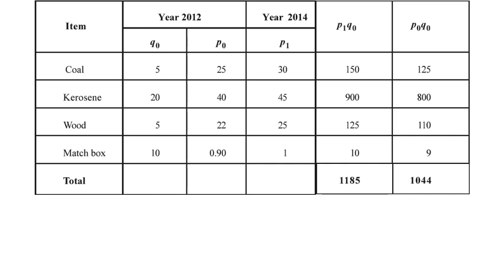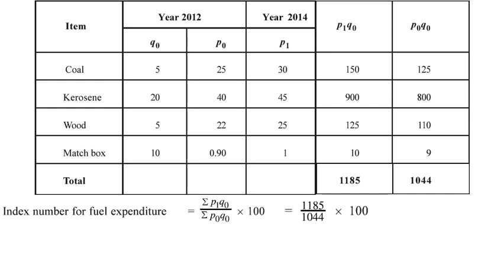Once you get the total, find the index number using the last year's formula for the fuel group. Index number is P1Q0 upon P0Q0 into 100, that is 1185 upon 1044 into 100, that is 113.51.